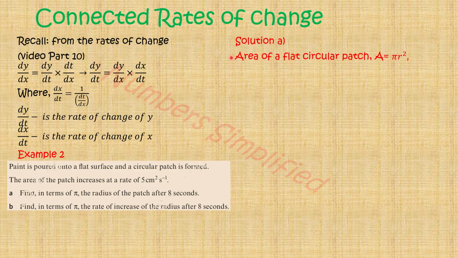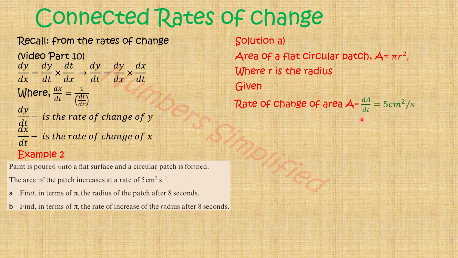So the solution: the area of a flat circular patch is given by A equals pi r squared, where r is the radius. Now also, we are given the rate of change of area, dA/dt, which is equal to 5 square centimeters per second.